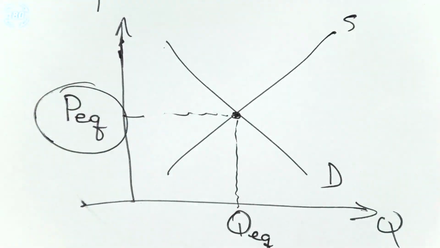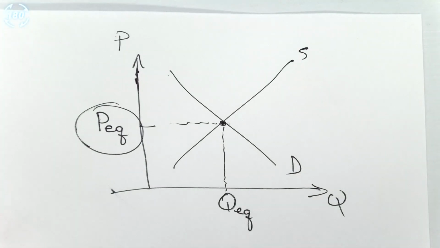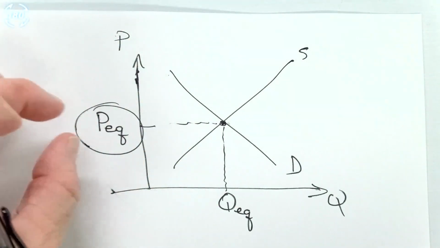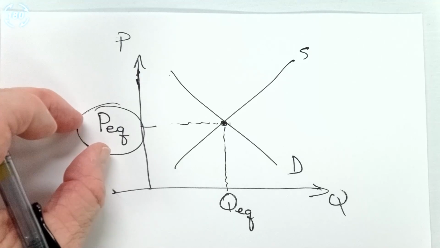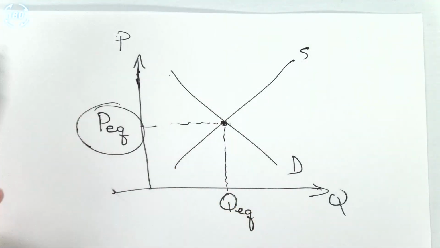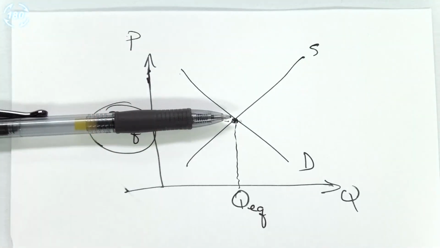This price tells you, as far as the market's concerned, the value of the good or service. Whatever the good or service, the market will place a value on a unit of that good equal to the price coordinate of this point.